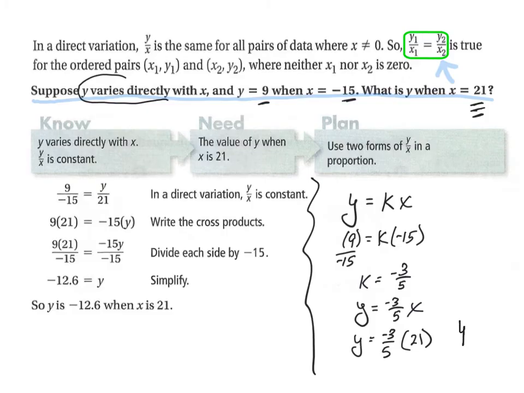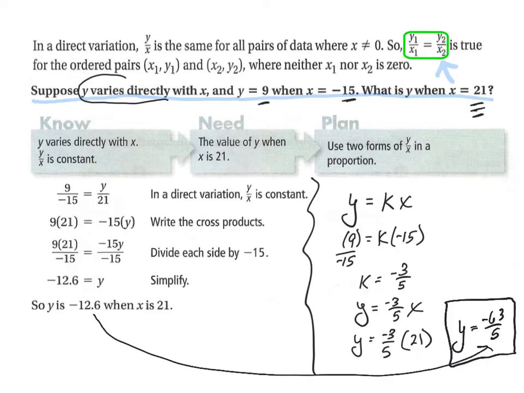Go y equals negative 63 over 5. And I love this answer. All right, this is a theoretical math question. It's not really a real world problem, so I like improper fractions, even though I don't like the name of it. But if you actually divide that out, you'll see that we got the same answer doing it 2 different ways.